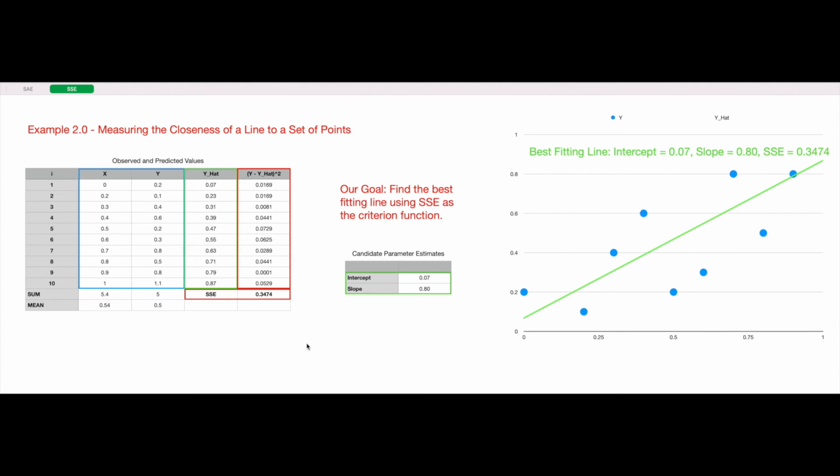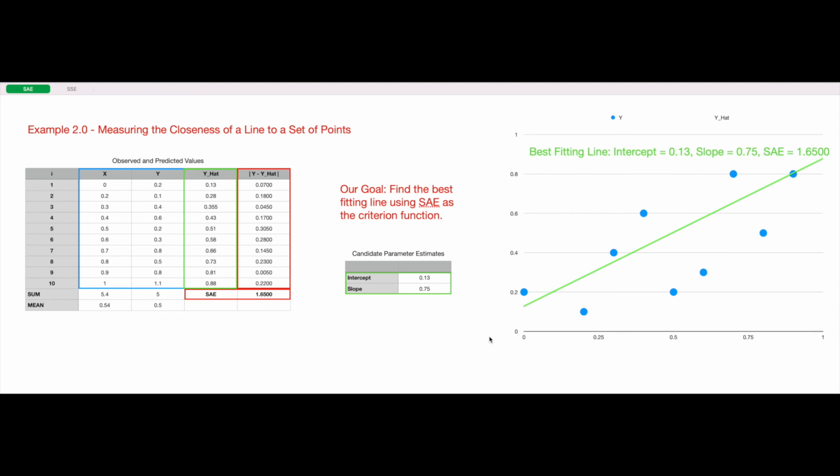They're just not even comparable. But for a given criterion function, either the SAE criterion or the SSE criterion, we can compare, for example, the SSE values between different lines. And we can compare different lines with regard to their SAE values as well.